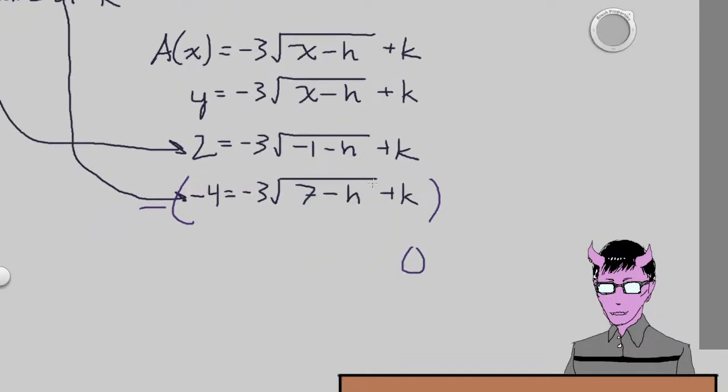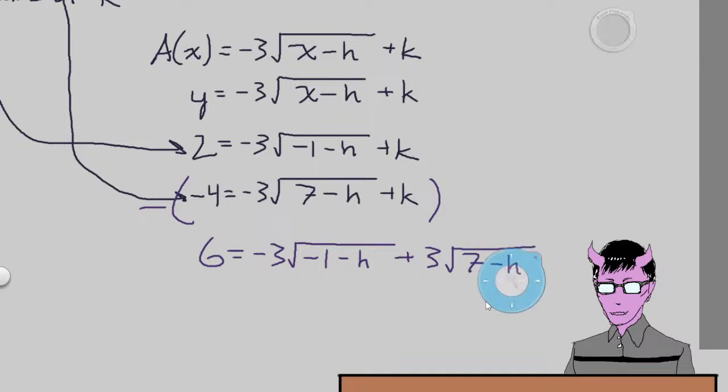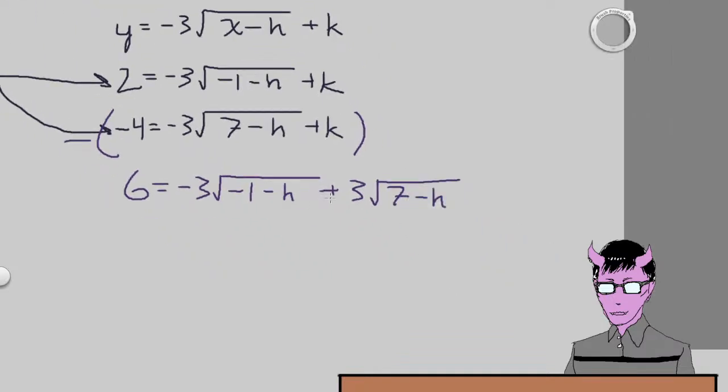So thus the elimination method is very efficient. And then 2 minus 4 gives us 6. And then this junk minus that junk. What do we get? We're going to get negative 3 square root of negative 1 minus h, minus 3 square root of 7 minus h, so that's plus.